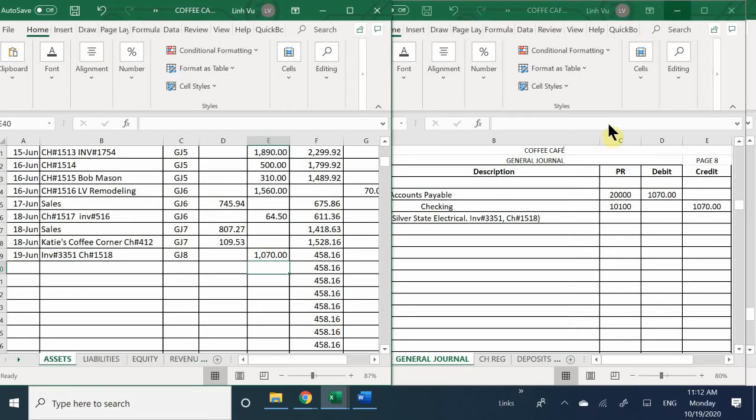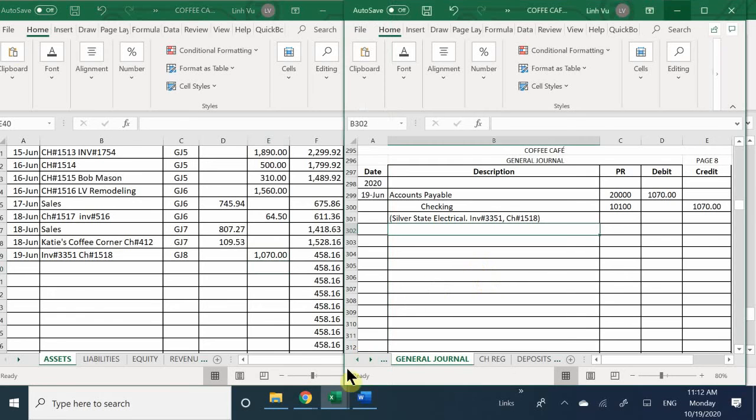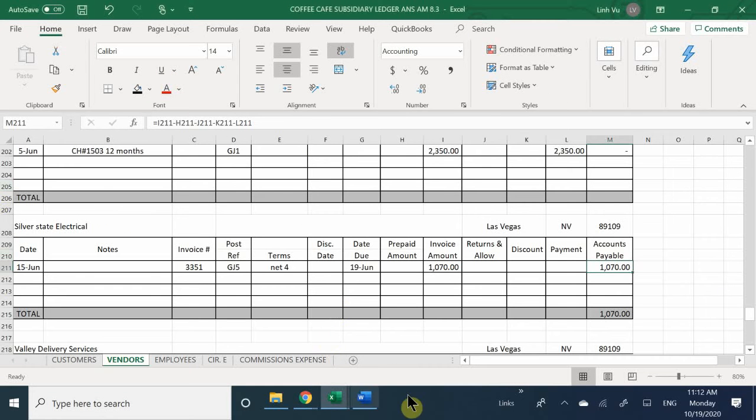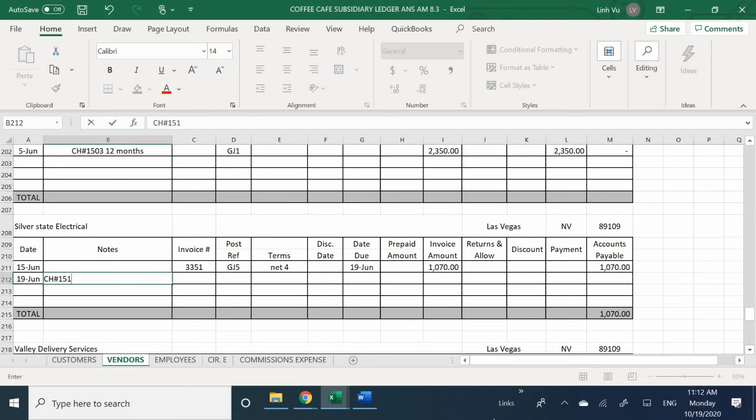Okay. So once we've done that, now we got to go to our subsidiary ledger. Okay, to Silver State right here. And I'm going to go ahead and fill this piece of information out. All right. I wrote a check number 1518. Okay.